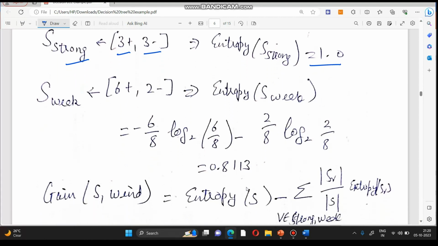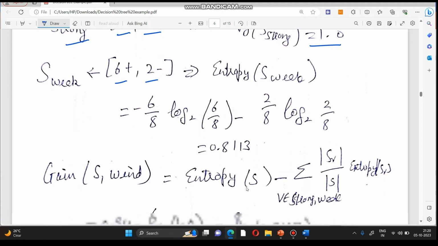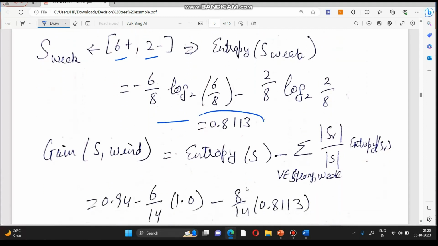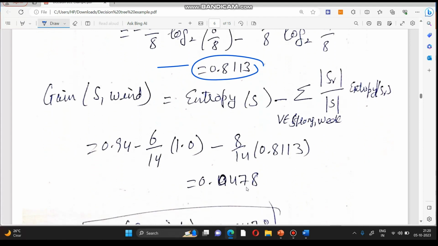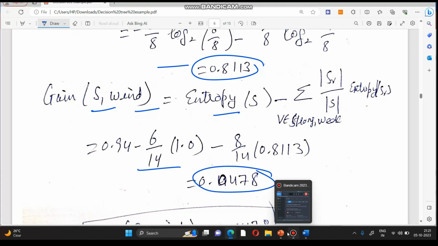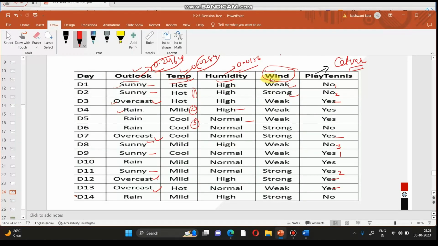And for weak, 6 plus and 2 minus, we will calculate the entropy. In this case we will get 0.8113. Using these entropies, we calculate the gain for wind, and we get 0.0478. So we have calculated the information gain for all those 4 parameters.